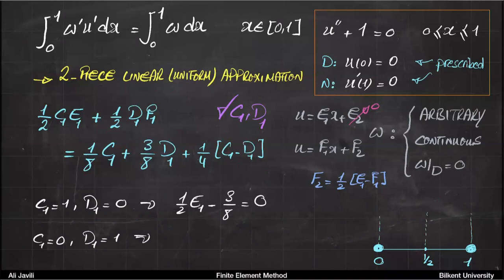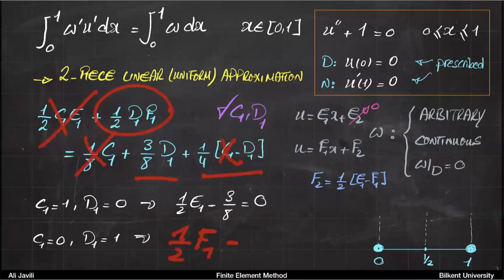And then you play the same game for the second set. So now if you assume C1 is 0, these terms disappear, and D1 is 1. So this one gives you just 1/2 of F1 basically. And the second term gives you plus 3/8 minus 1/4, which is 2/8.